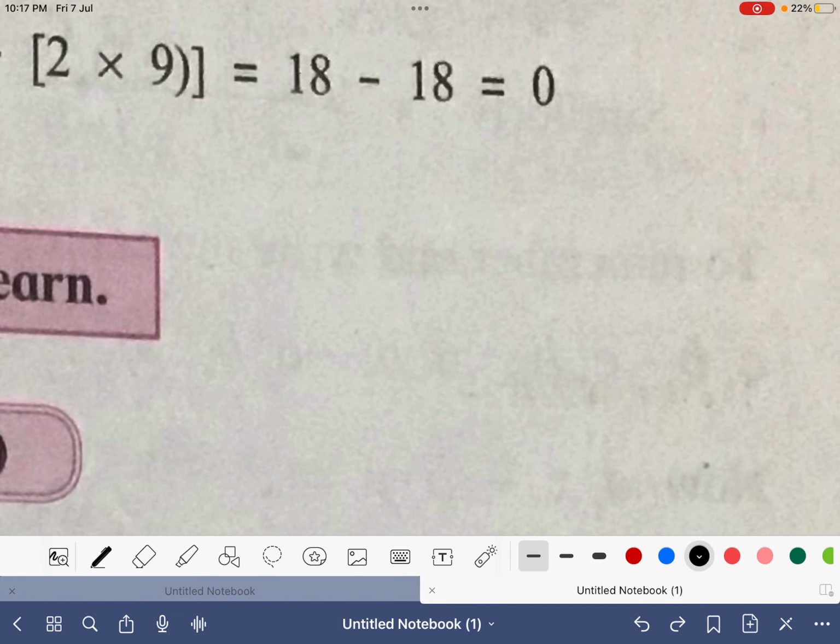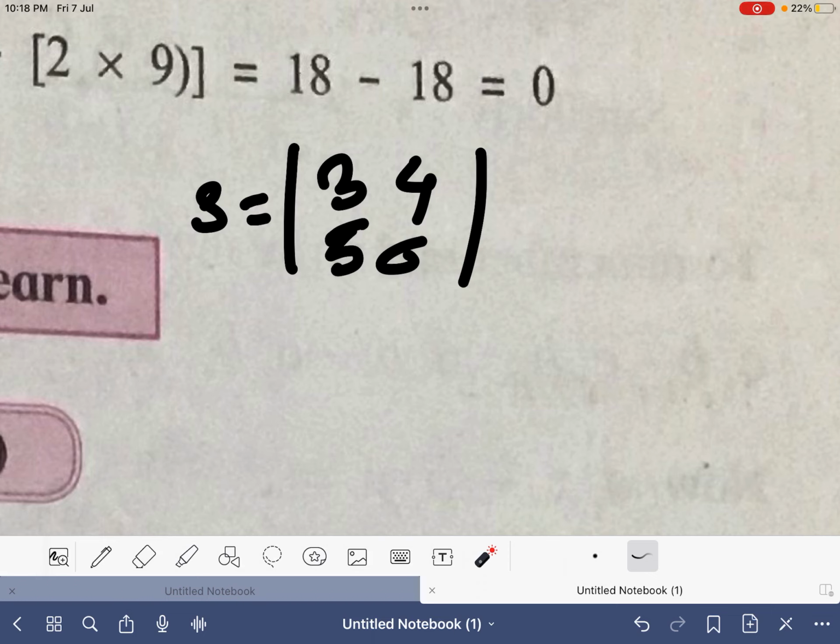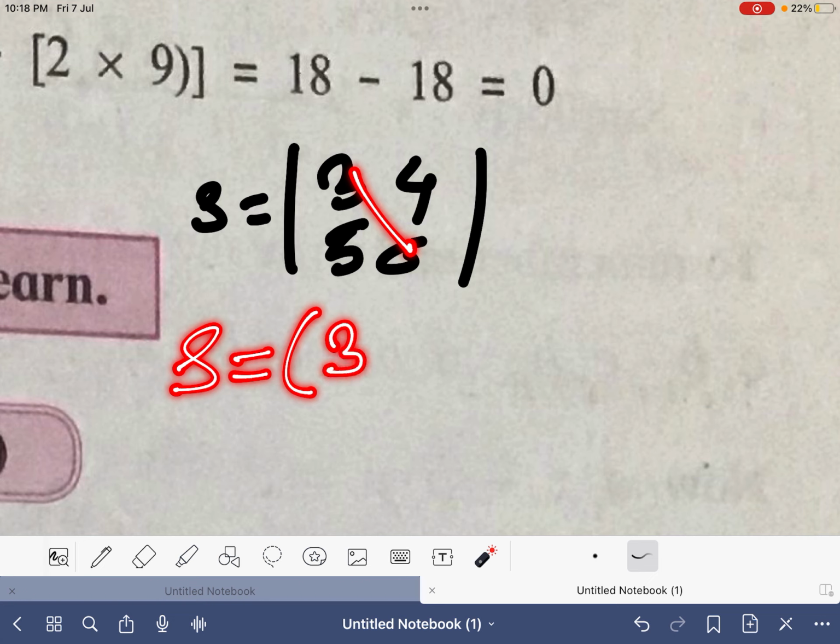Let me write one example. Suppose the question is like that: find the determinant s is equal to 3, 4, 5 and 6. Clear? Now what is our target? We have to solve the determinant and find the value of s. We know that s is equal to the cross multiplication of these two numbers, that means 3 multiplied by 6.